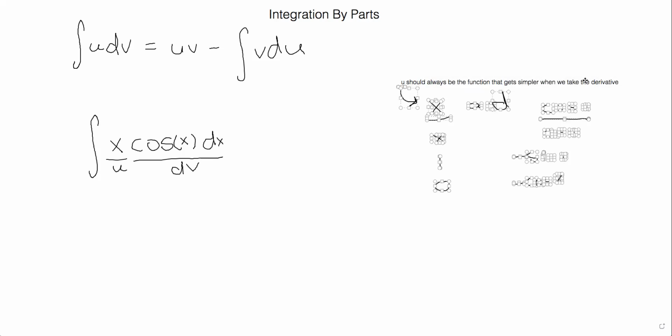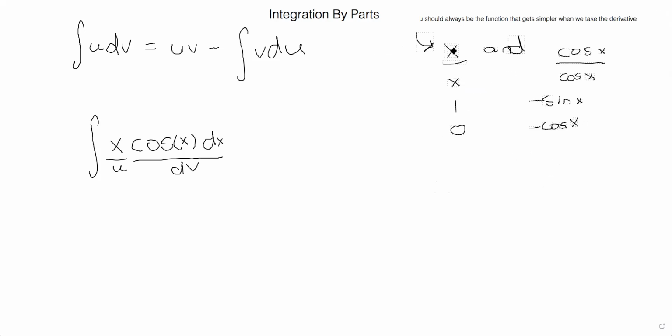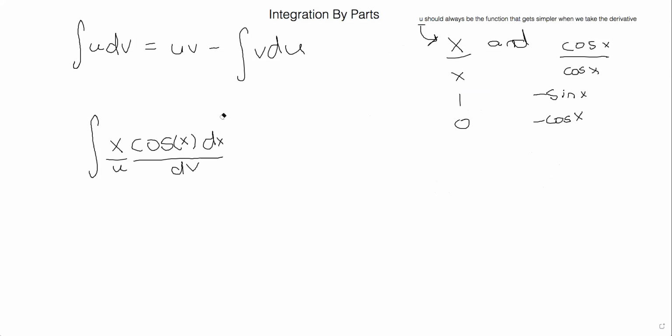So how is cosine of x dv? Or can you just pick it whenever you have this kind of problem? How do we know what should be u? Well, u is the one that gets simpler when differentiated. Absolutely. So in an integration by parts problem, we always start with this very first step: selecting a u and selecting a dv.